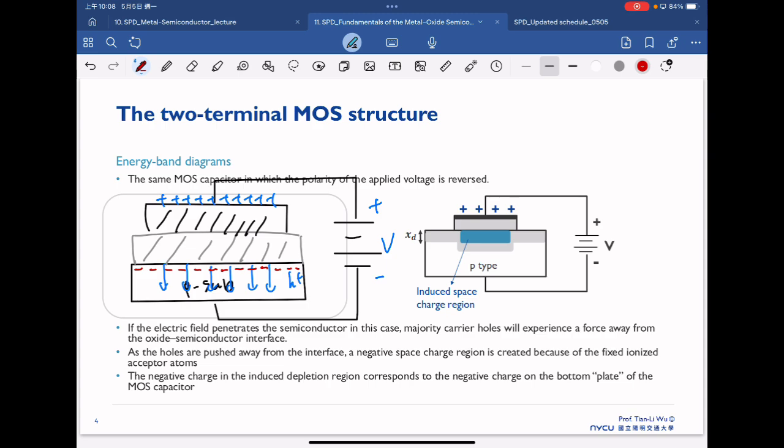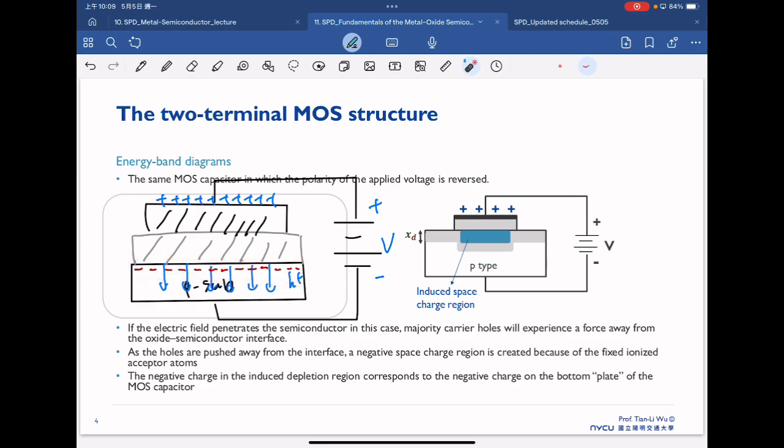One is you force the holes to go away from the interface, or you try to attract electrons close to the interface. In any case, under the bias of the positive on top, we can foresee the electrons accumulating at the interface as well.